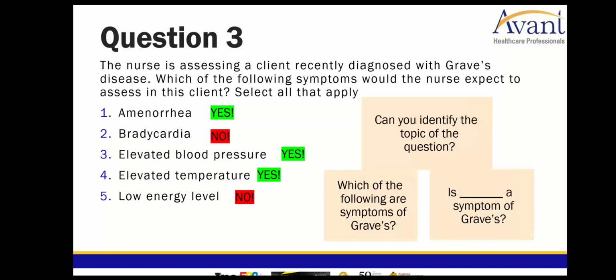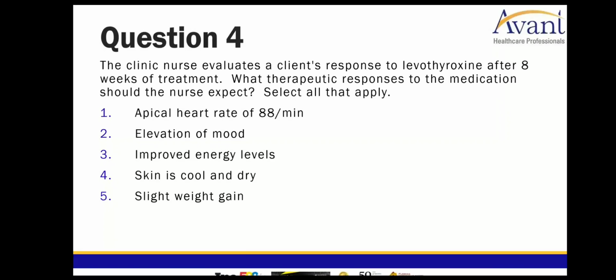All right, how are you doing? Good? Let's keep going. Number 4. The clinic nurse evaluates a client's response to levothyroxine after 8 weeks of treatment. What therapeutic responses to the medication should the nurse expect? Select all that apply.